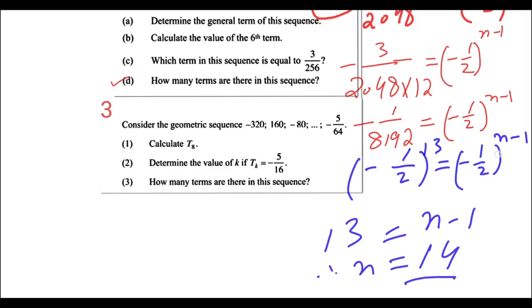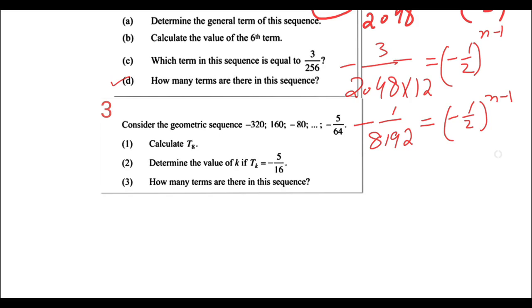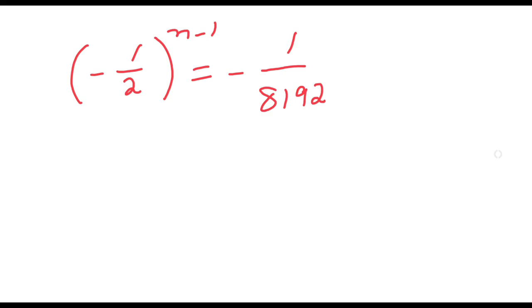Now I'm going to show you the logarithm method as well. From here we're going to apply the log. Remember, you can't take the logarithm of a negative number. The number must be positive.